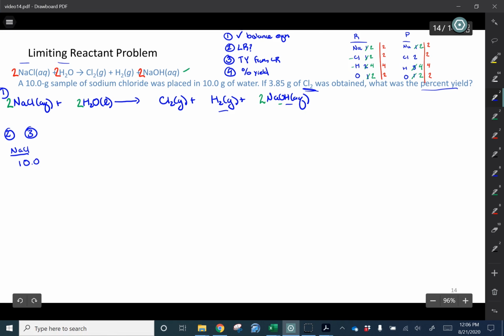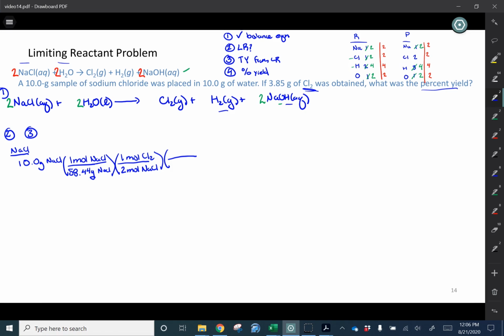We start with 10 grams of NaCl. The molecular weight, sodium chloride, should be 58.44 grams. Get 1 mole. Now we're going to convert that to moles of Cl2. We have 2 moles of NaCl per 1 mole of Cl2.